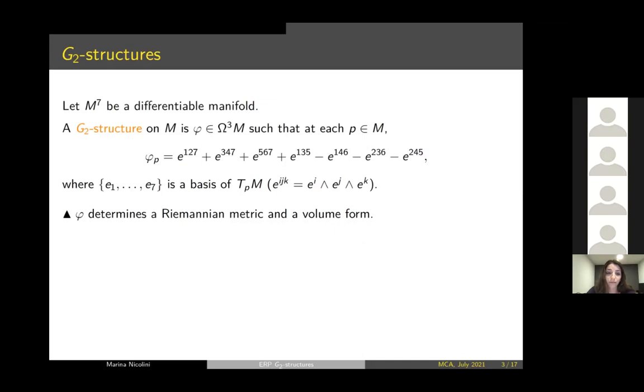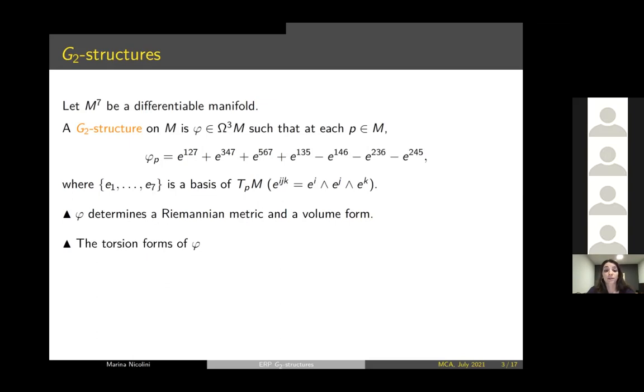So in particular, if you have a differentiable manifold M and a G2 structure on M, you are going to have a Riemannian manifold structure, okay? Also, if you have a Riemannian metric and a volume form, you have a Hodge star operator, and having a Hodge star operator implies that you have the torsion forms of a G2 structure, okay?